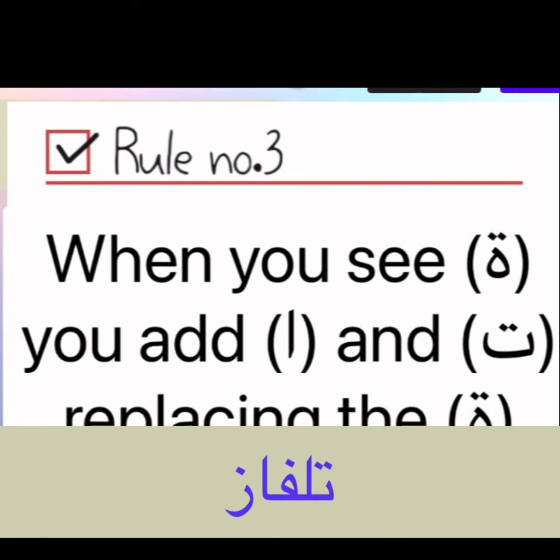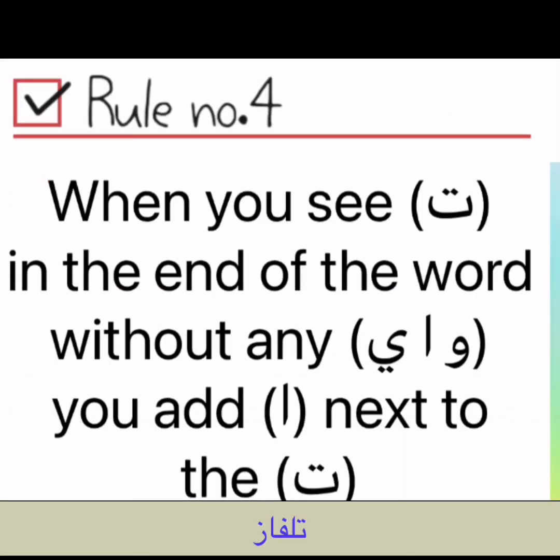Rule number 3, when you see تاء مربوطة, I don't see any تاء مربوطة in here. تلفاز, no تاء مربوطة. تاء مربوطة always comes at the end of the word, and the last letter is زاي or Z. So let's move to rule number 4 then. Rule number 4. When you see a تاء مفتوحة, there is one, but not at the end of the word.